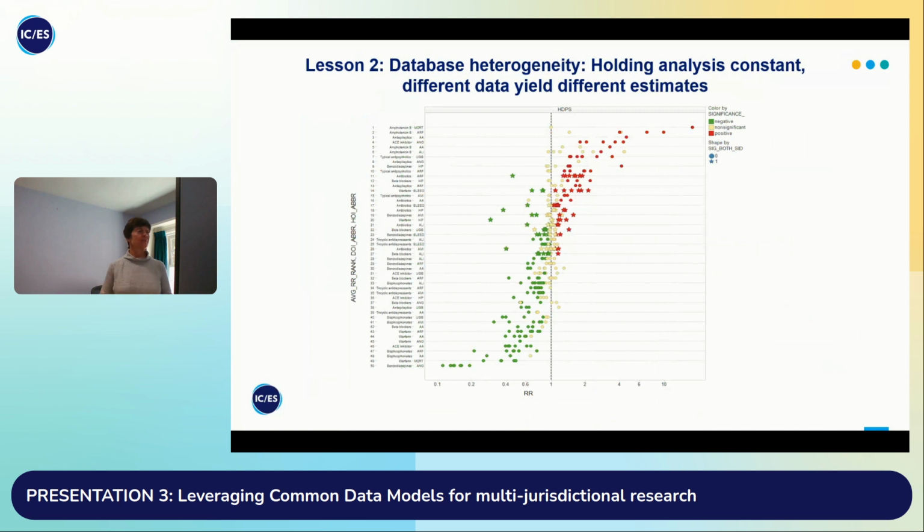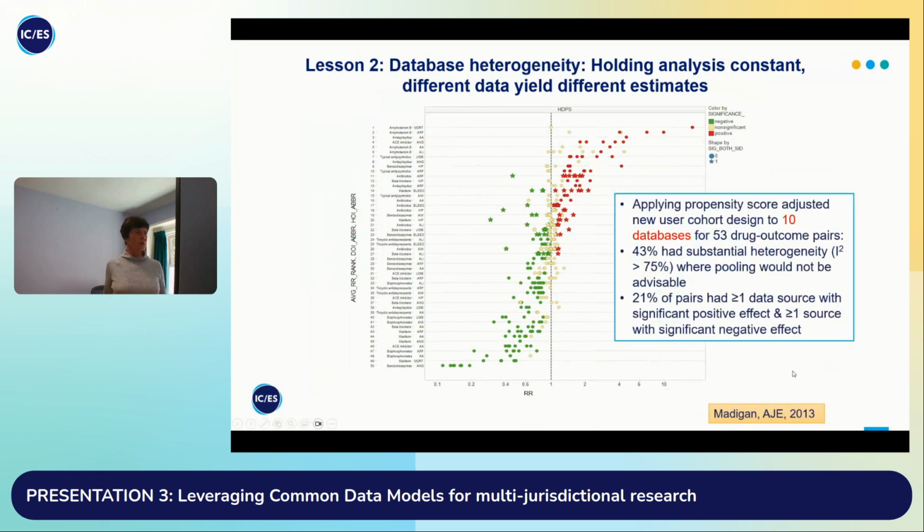And again, here's another lesson, database heterogeneity. This is where they held the same statistical analysis, run over different data sets. So you can see across a row, you'll see the point estimates for the 10 different data sets. The red show positive results, the green show negative results, and the ones in the middle are basically not significant.